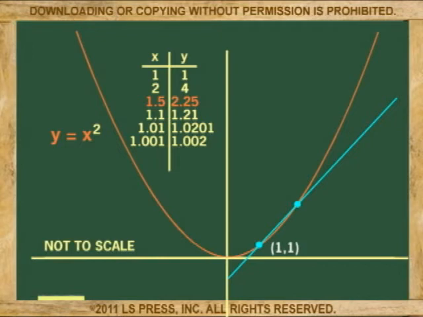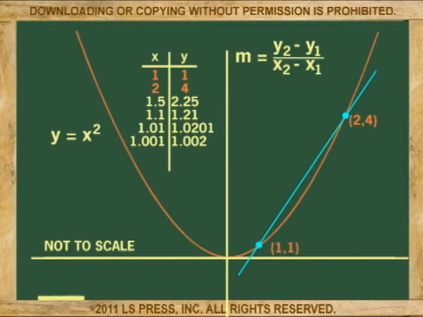And when x is 1.1, y is 1.21. And when x is 1.01, y is 1.0201. And when x is 1.001, y is 1.002001, and so on. Let's now find the slope of the first secant made by points 1, 1 and 2, 4.